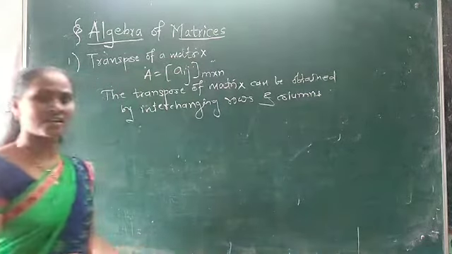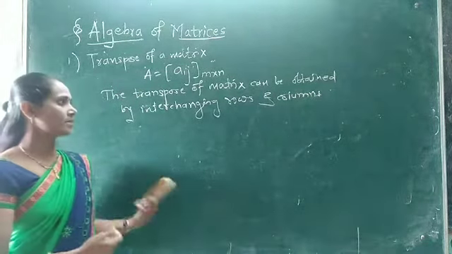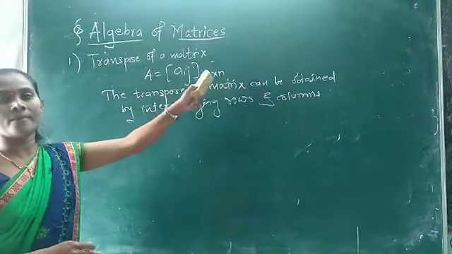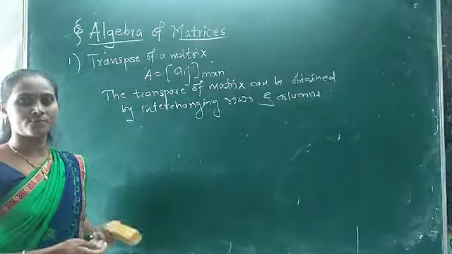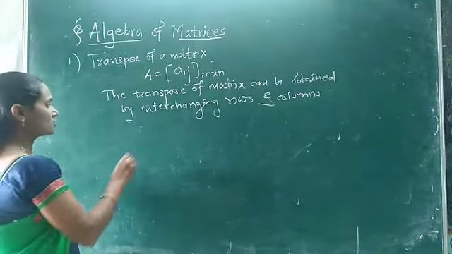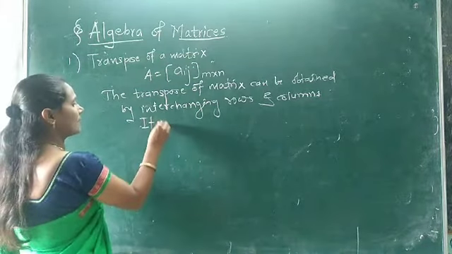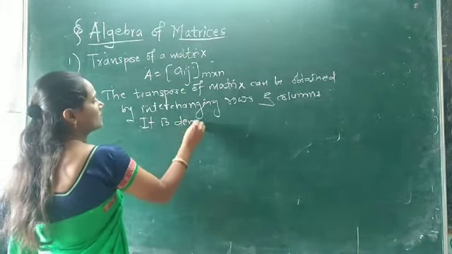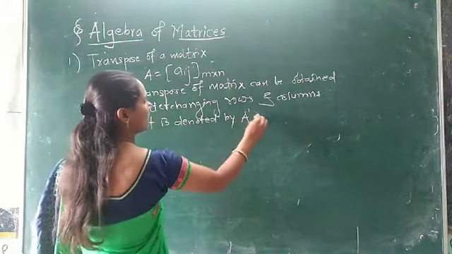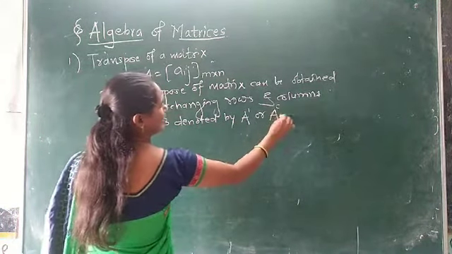That means rows are converted into columns and columns are converted into rows. If a matrix has order m by n, then the transpose of the matrix has order n by m, and the transpose of a matrix is denoted by A dash or A transpose.